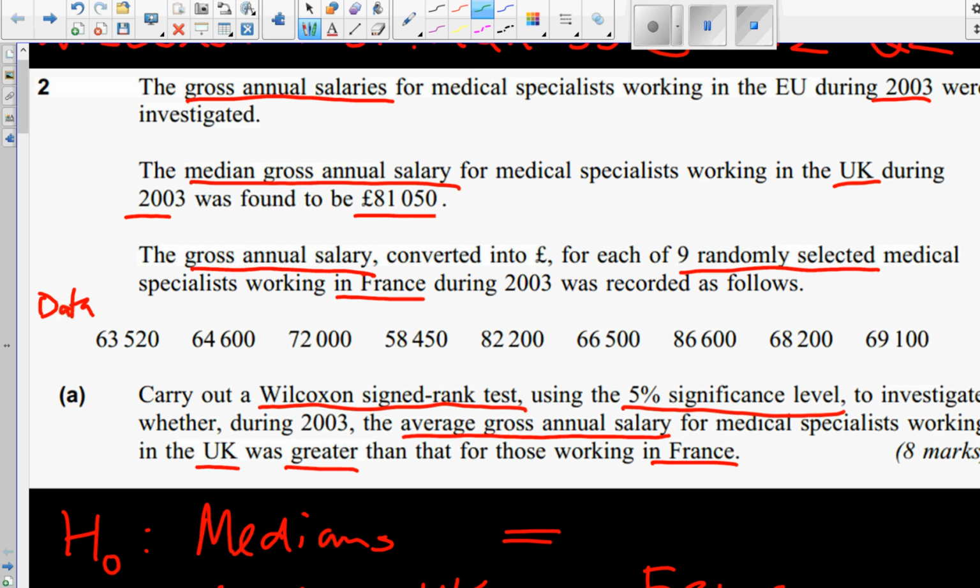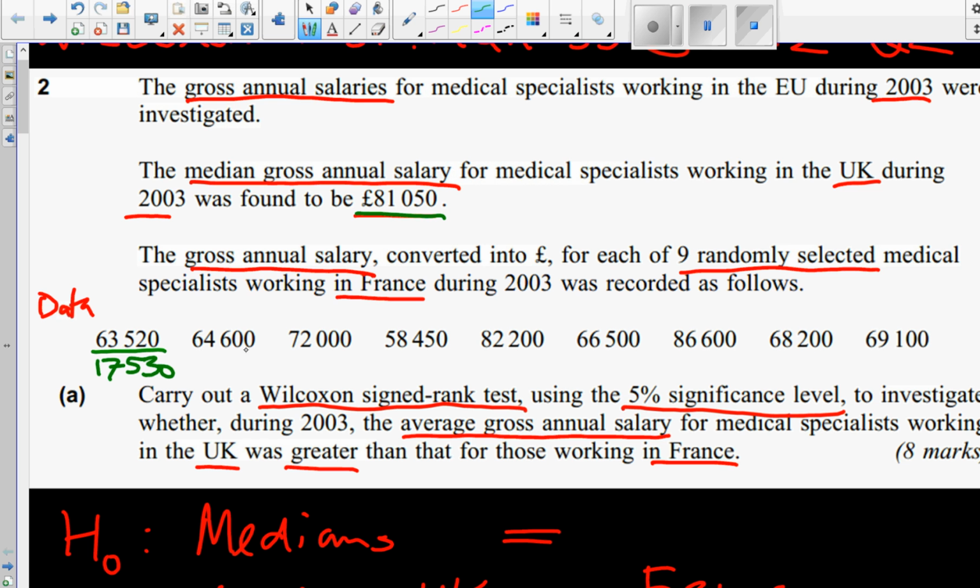So looking at this data, we're going to compare each item. The first salary in our list here, 63,520 in France, with the 81,050 in UK, and the difference between the two is 17,530.